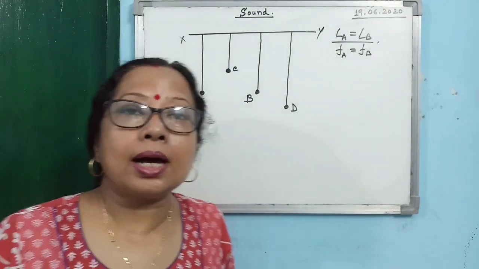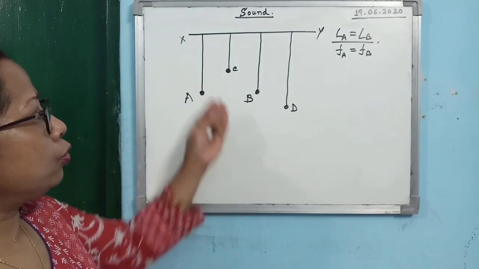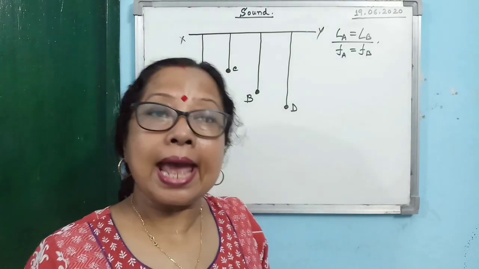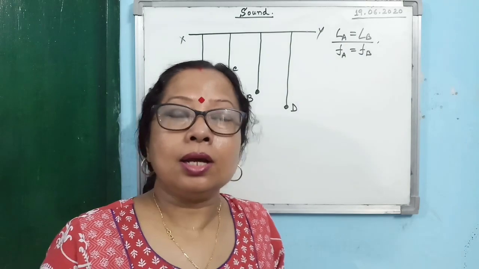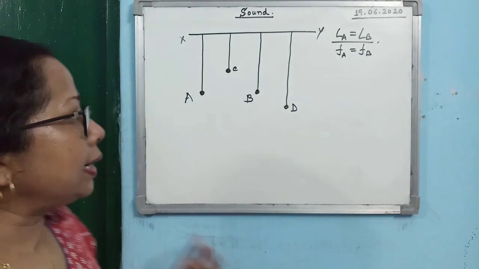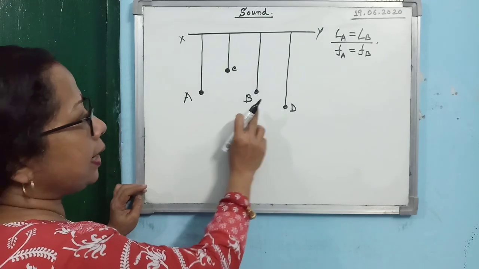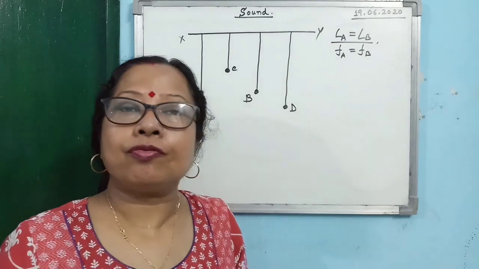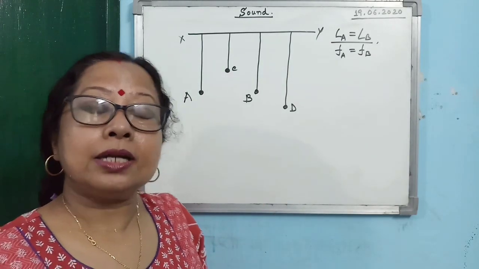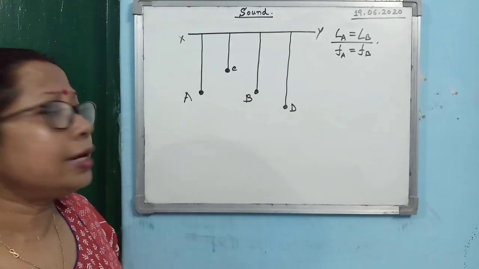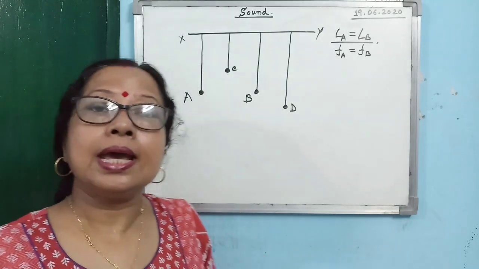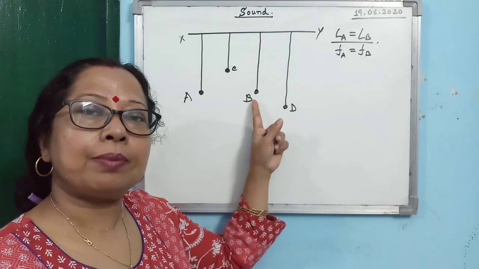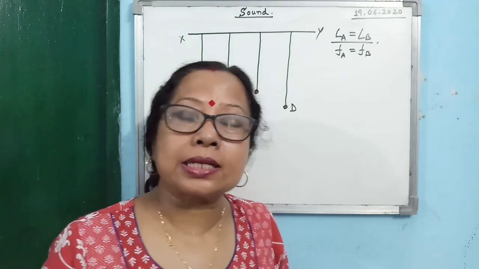Now the thing is, what will happen to B, C and D? What kind of vibration will B, C and D have, and why? Let us first consider B. What will be the observation regarding B? You will observe that B will vibrate first with smaller amplitude, but slowly the amplitude of vibration of B will increase, and one time will come that the amplitude of vibration of B will become maximum.